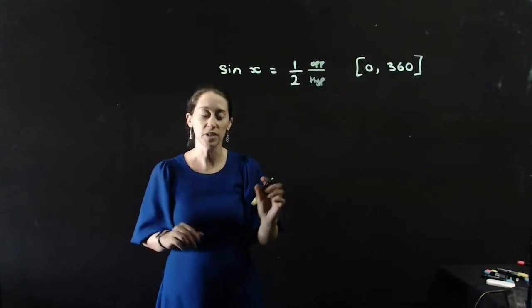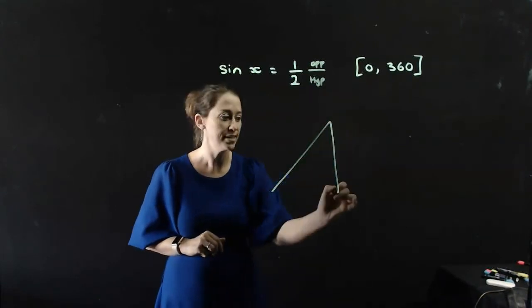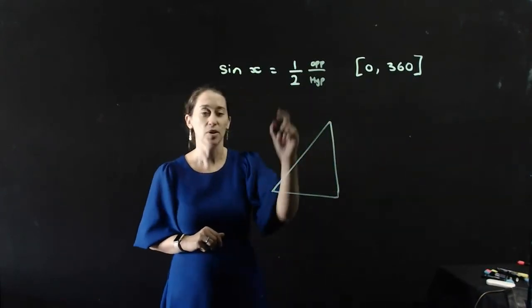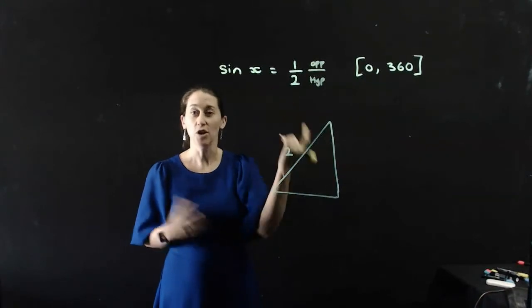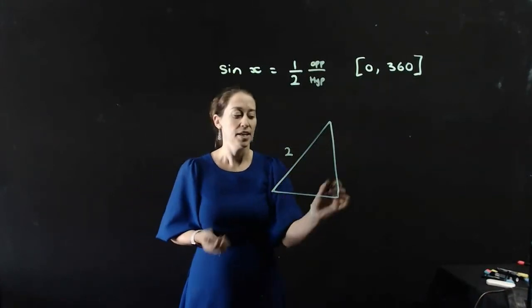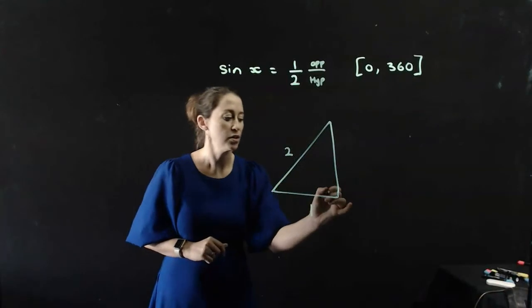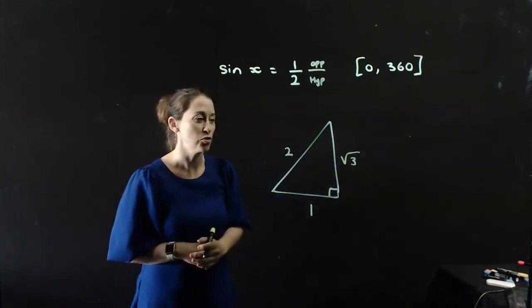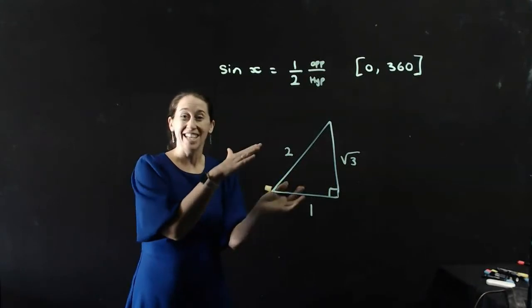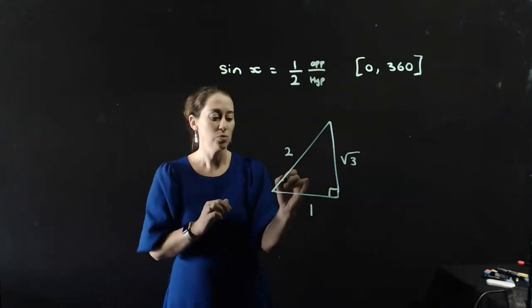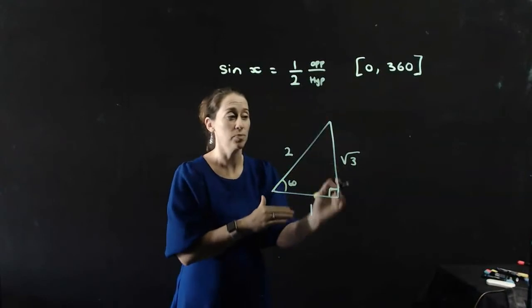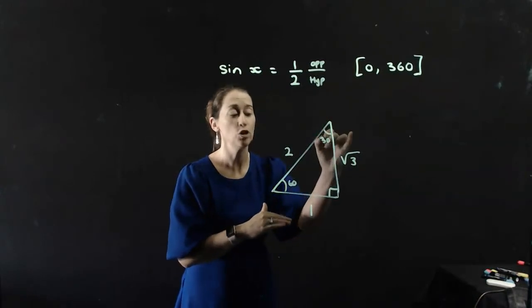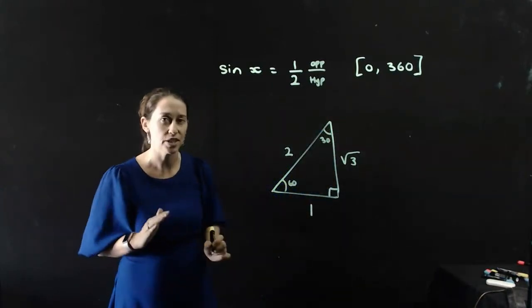So I'm going to form a special triangle that I know already that has a hypotenuse of 2 and an opposite of 1. Now, thinking back to this special triangle, we know it's a right angle through Pythagoras' theorem. We know that's got to be root 3. It was originally an equilateral triangle, which is formed with 60 degrees and obviously chopped in half. It's 30 degrees. You should already be familiar with this kind of triangle.